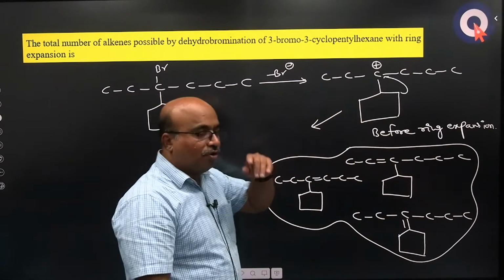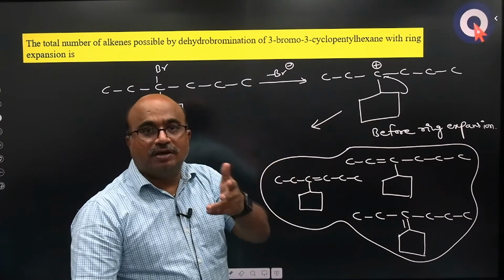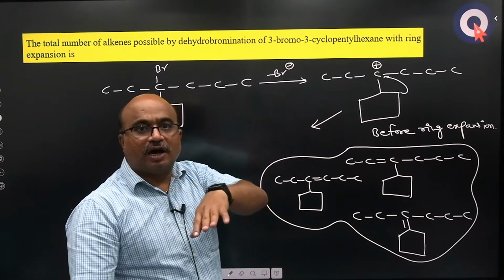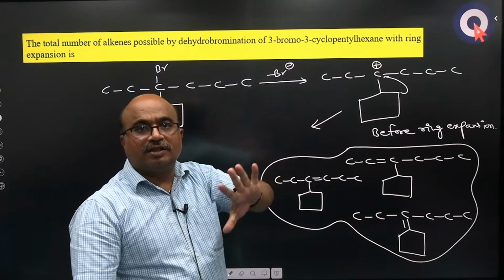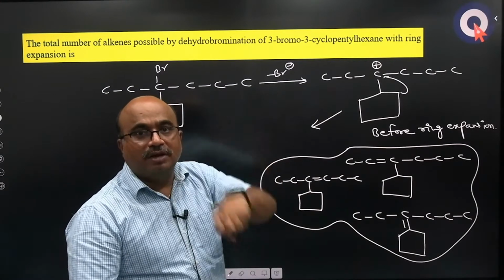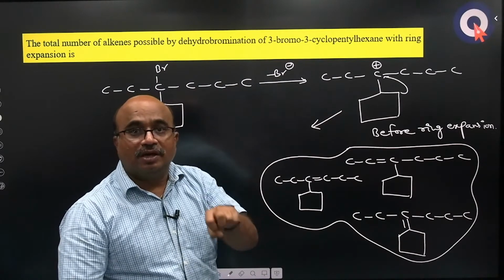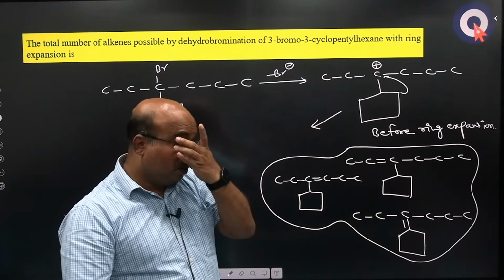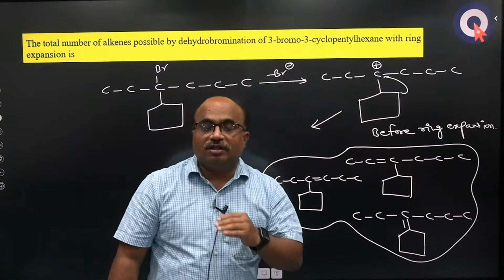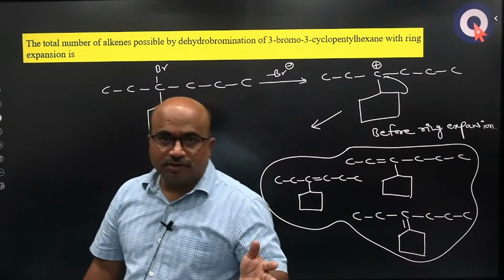But if the number of alkenes, alcohols, or alkyl halides is asked, you have to count even that particular compound which is giving any stereoisomers. Means you need not say to include stereoisomers.